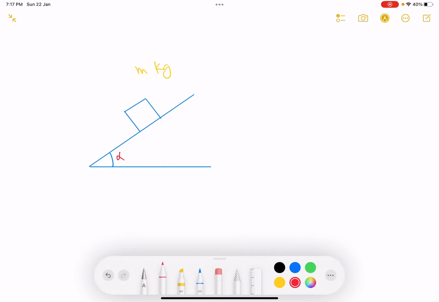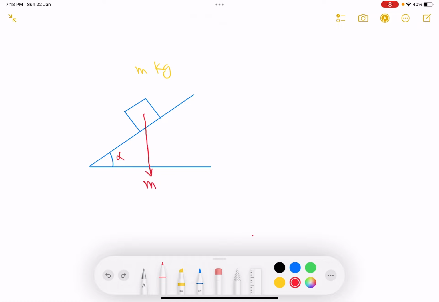And since the block is placed on an inclined plane, the plane will have a reaction. So the weight is of course borne by the inclined plane. As a reaction to that, the inclined plane will give a reaction, and that we call normal, and it's normal to the inclined plane.